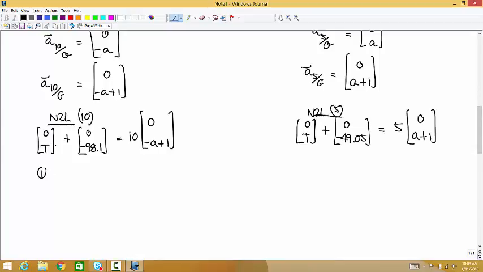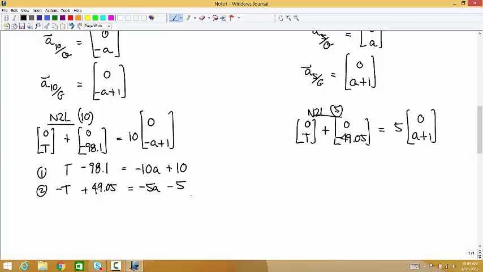I'll write this as T minus 98.1 is equal to negative 10A plus 10. And I'll write the second one, the negative of this one, as negative T plus 49.05 is equal to negative 5A minus 5.